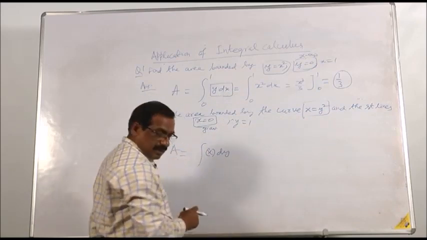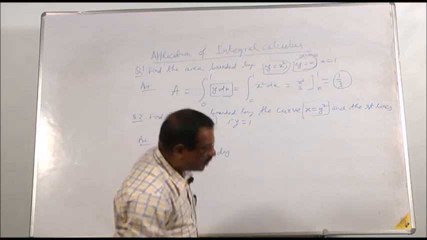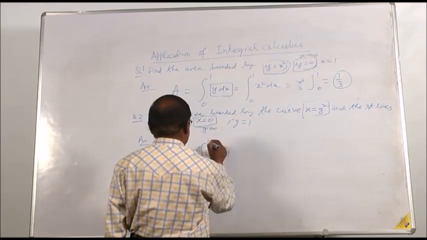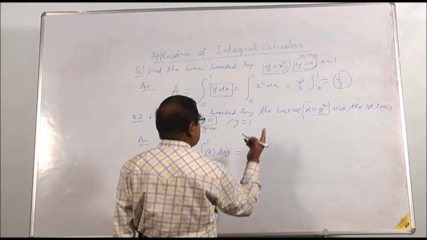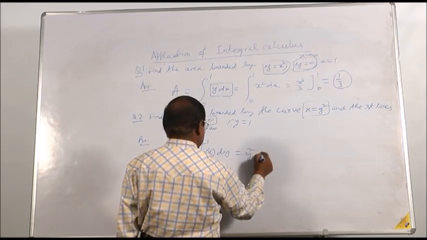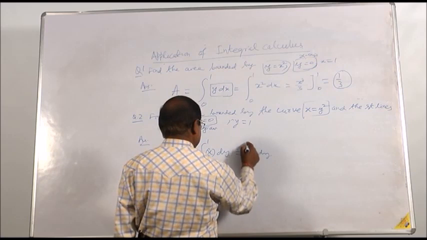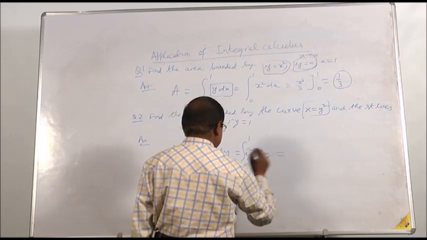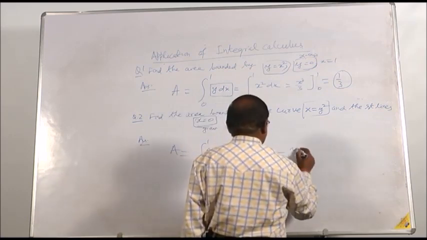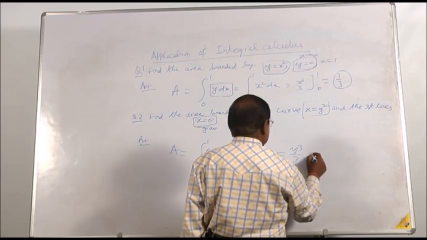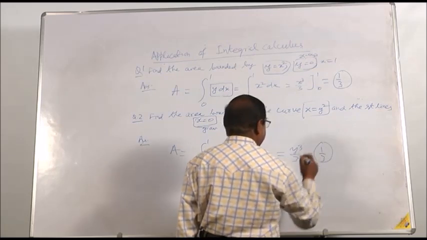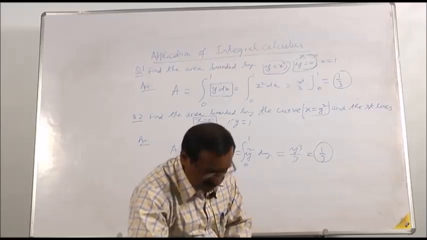And here y varies from 0 to 1. So this will be the integral of y square dy from 0 to 1. This will be y cube by 3 obviously, and the answer is the same, 1 by 3 square units.